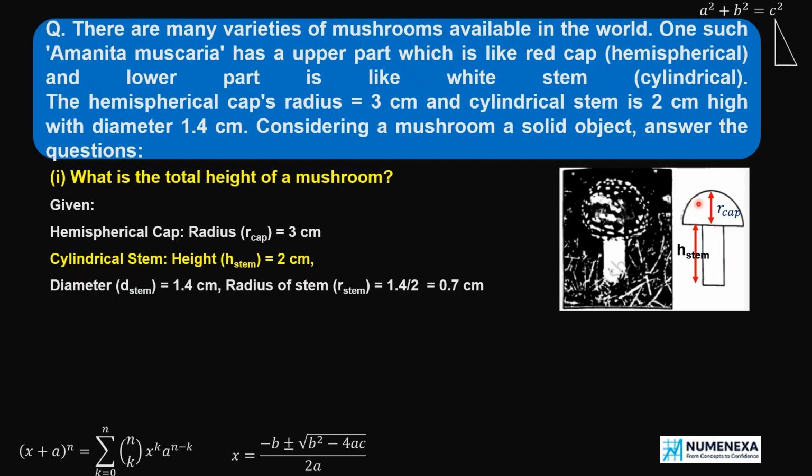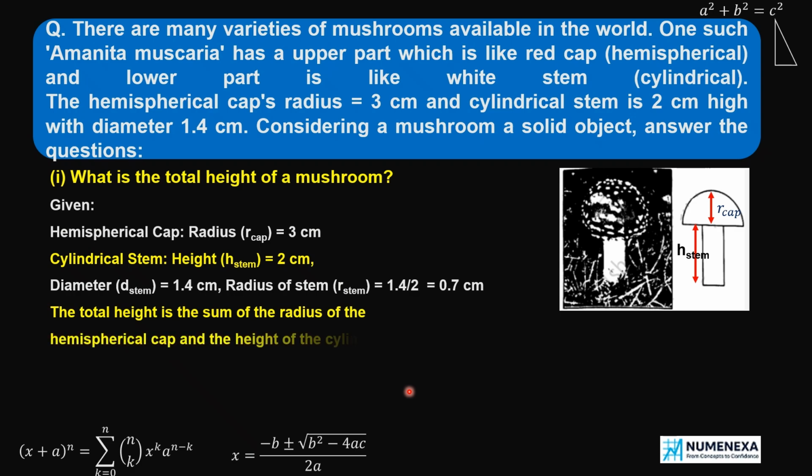So I can simply say the total height is the sum of the radius of the hemispherical cap and the height of the cylindrical stem.